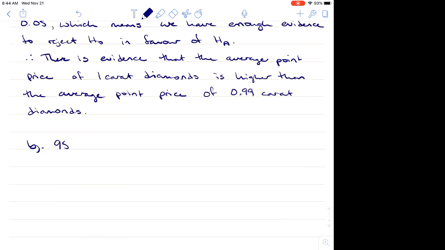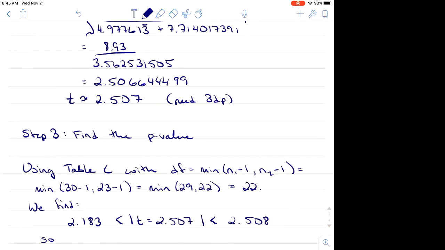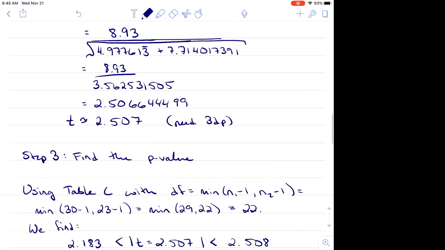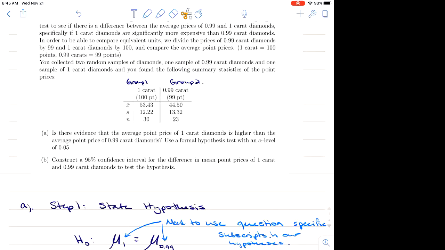So a 95% confidence interval, that's what we want to do. Part B. Yeah, it's on that printout that I gave you. Maybe I'll just cut it. Copy.